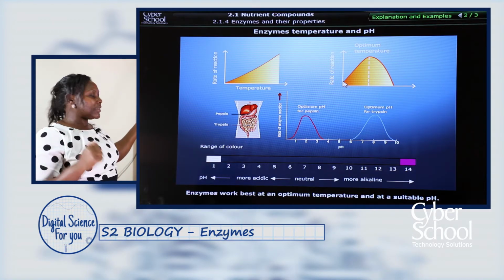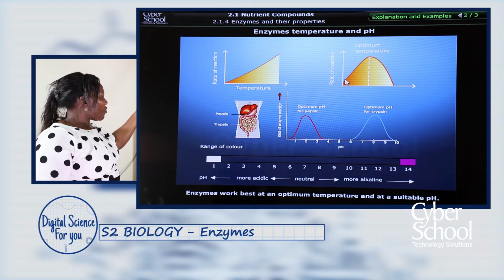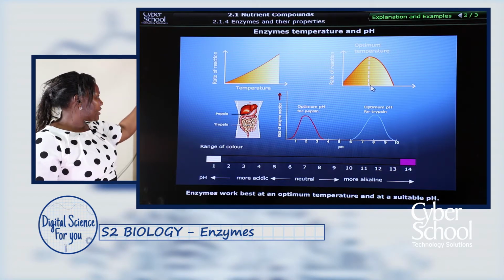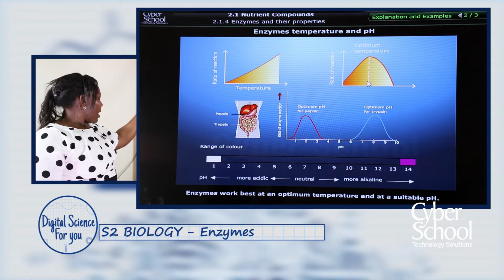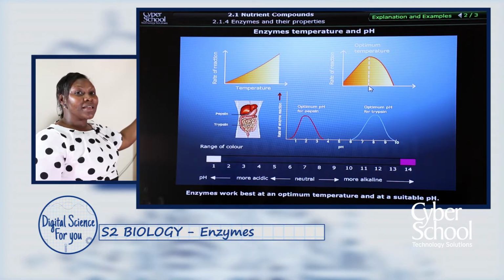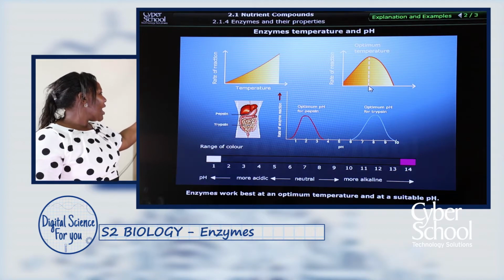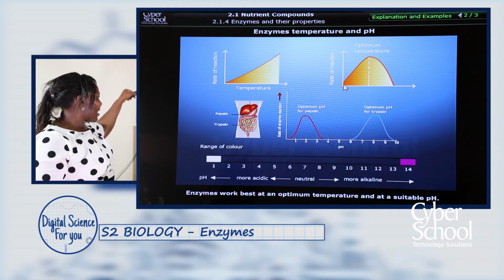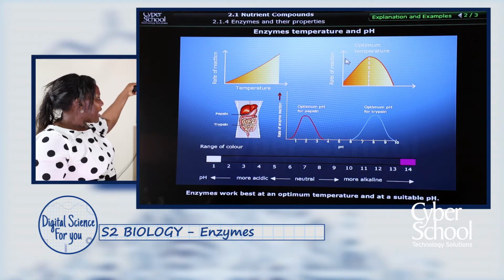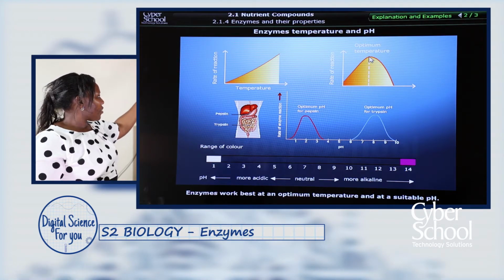Let's go to the second graph: effect of temperature on enzyme activity. As temperature increases up to the optimum temperature, exactly that point, that is what we call optimum temperature. Let's go to the y-axis and see the rate of reaction at that optimum temperature. It is highest there.